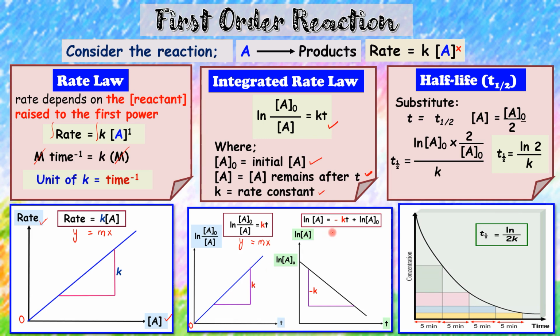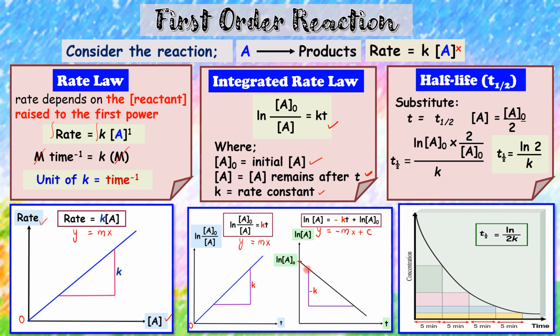For the second graph, if we plot ln A versus time, ln A is y, equals negative K as negative m, t is x, plus ln concentration A naught, which is the c.